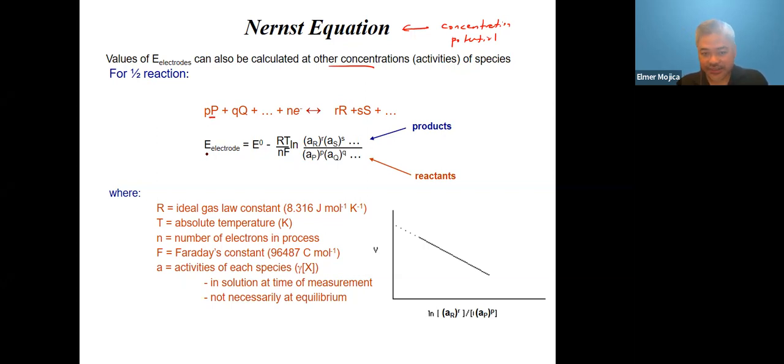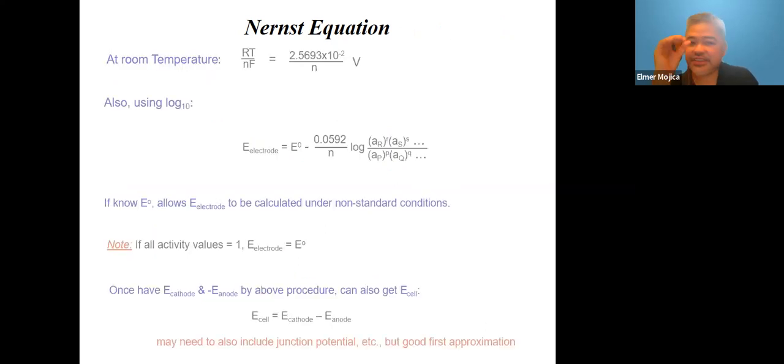Okay, the potential of the electrode equals the standard cell potential minus RT over nF times ln of the product of the activity of the products over the product of the activity of the reactants. Okay, and at this level, usually you can get the calculation separately in your electrode.